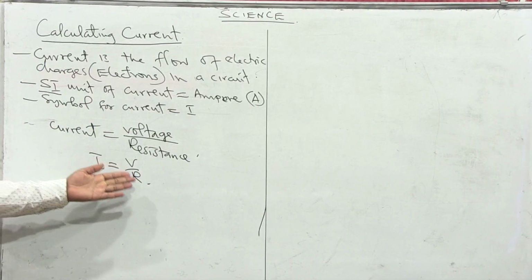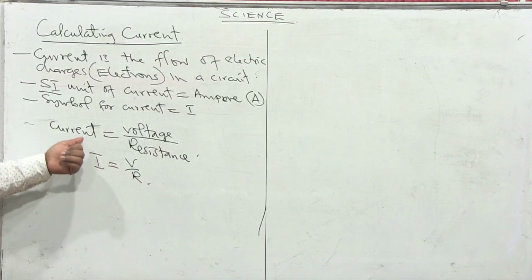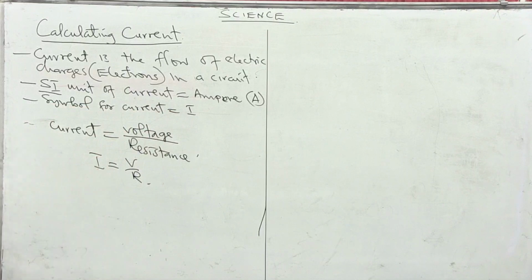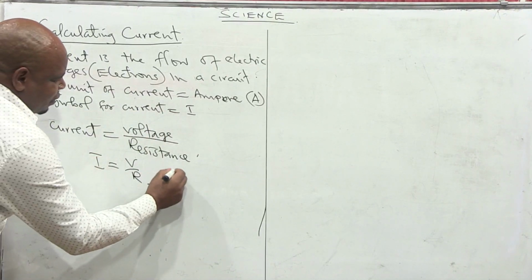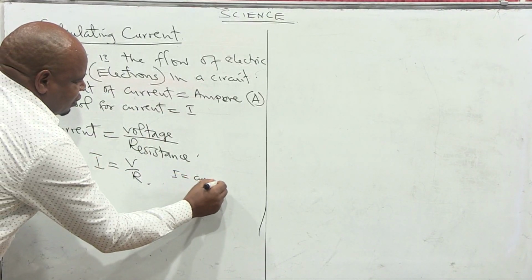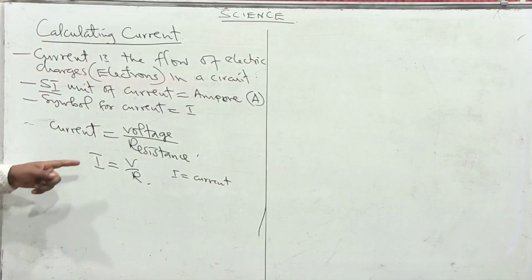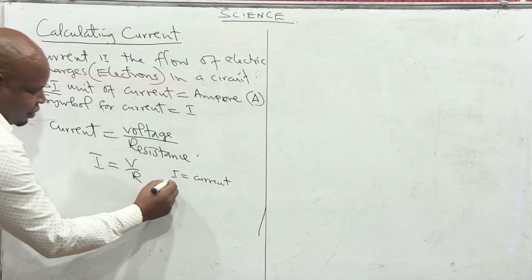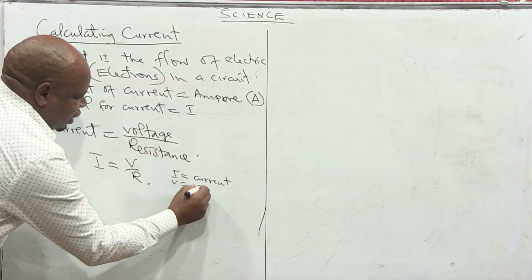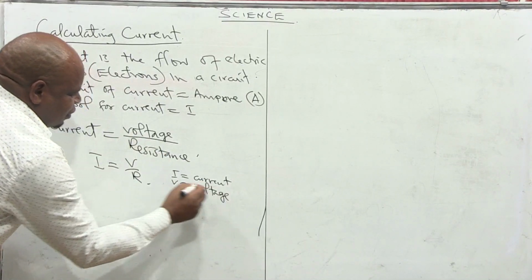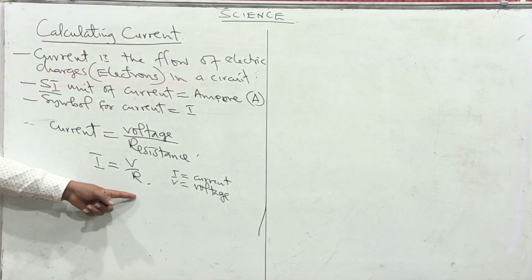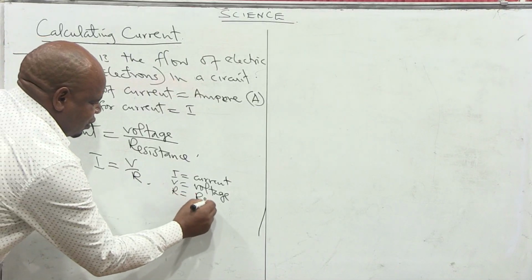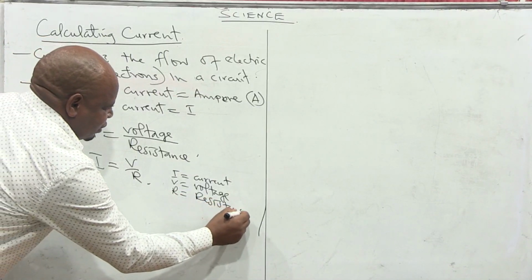This is something which is not new to you. I stands for current, V stands for voltage, and R stands for resistance.